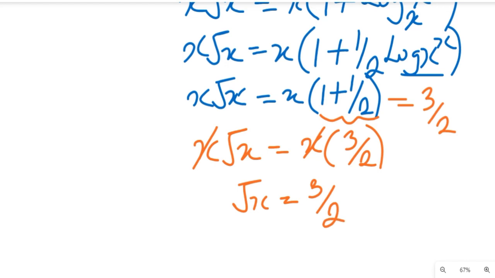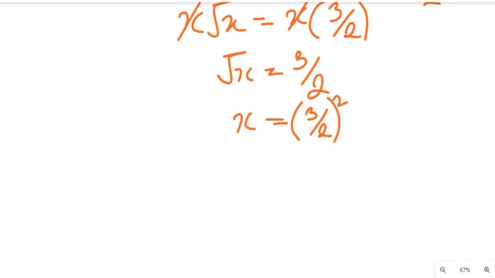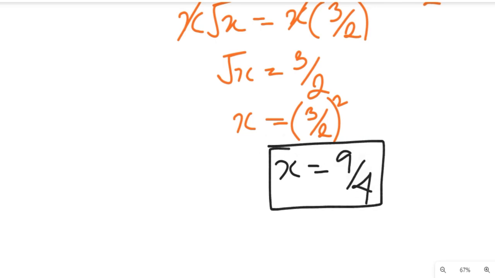At this point, to clear this square root, we have to square both sides. So we'll have x equal to the square of 3 divided by 2. If we simplify that, finally, our x will be equal to 9 divided by 4. That's the solution to that exponential equation involving x.